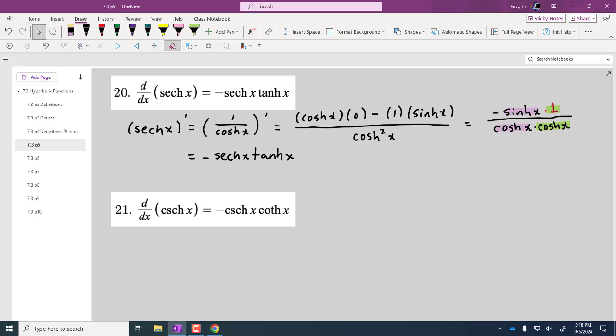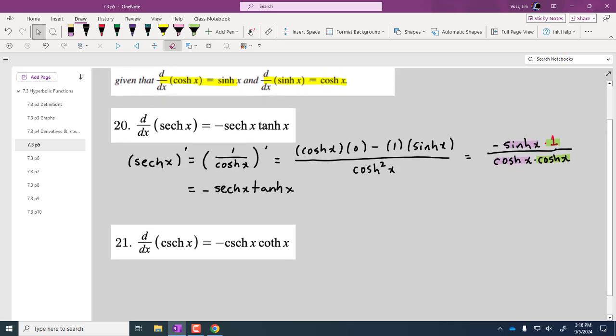So just like this one up here, that one up there. So we had to rewrite, and if we are just assuming this information, we only know these two derivatives. We don't know the derivative of that until we rewrite it, then we can use that information. The same idea here, we want to rewrite that csch in terms of sinh or cosh. So how do you write csch in terms of sinh or cosh?